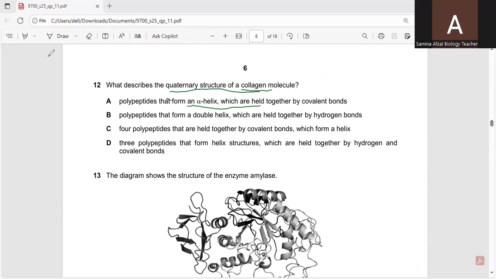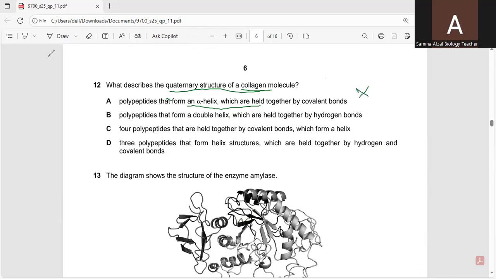So I would like to say that collagen is a fibrous protein. So it has a high tensile strength. So its unique structure is key to its function in providing support to the tissues. So the quaternary structure is not made up of this.